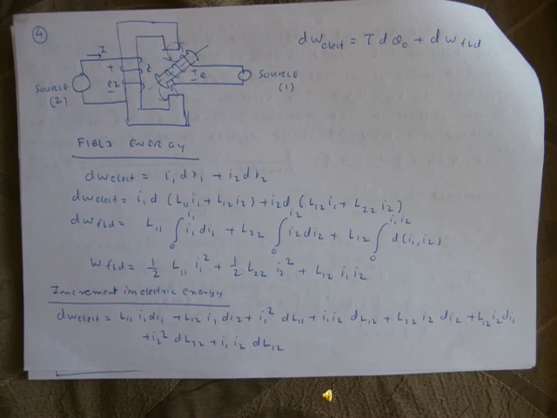So dW FLD can also be calculated as L11 integration 0 to I1 I1 dI1 plus L22 integration 0 to I2 I2 dI2 plus L12 integration of d(I1 I2). So dW FLD equal to half multiply L11 I1 square plus half multiply L22 I2 square plus L12 I1 I2.